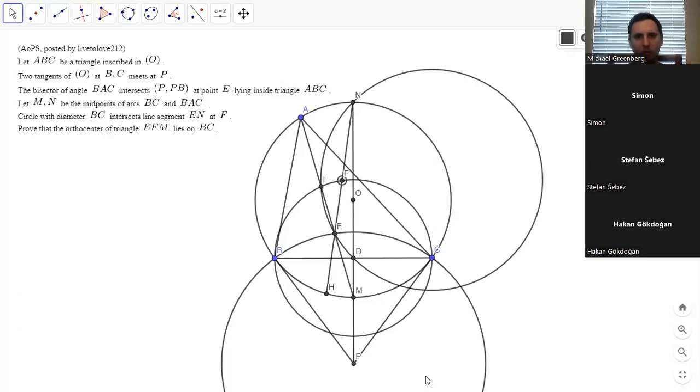I don't even remember what I is anymore. Circle with diameter BC, F. Oh, it's just where AM intersects this circle.